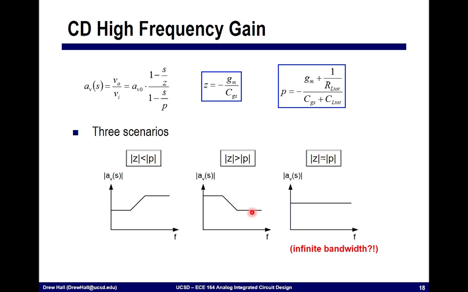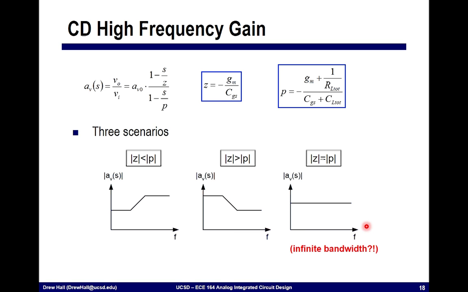Now, the academically interesting, though not very practical, question to ask yourself is, what if the zero and the pole were at the exact same frequency? Essentially what we're trying to accomplish with this is canceling a pole with a zero, and at least in theory, we could get infinite bandwidth from this. In practice, this is almost never done.